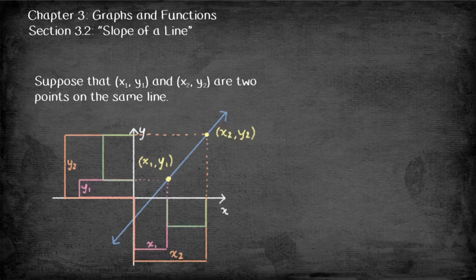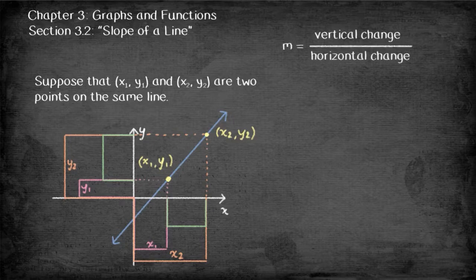Remember that the change is the length of this green line here. That is, it's how far I move from x1 to x2, and then from y1 to y2. So it's the lengths of those green lines that's going to allow us to calculate the slope, which is the vertical change divided by the horizontal change, or rise over run. We often denote the length of these green segments with a Greek capital delta, which is a triangle.